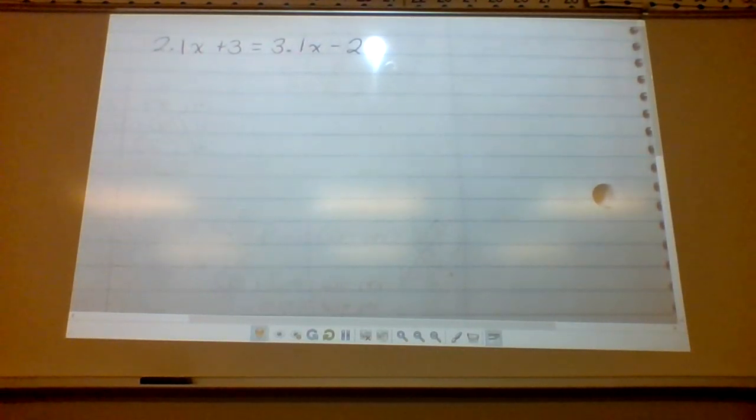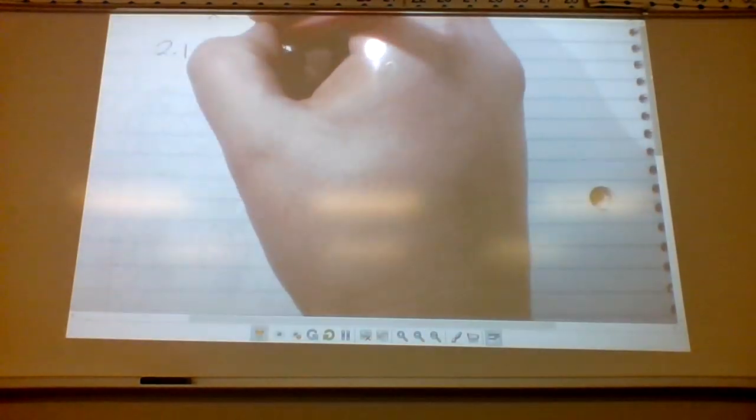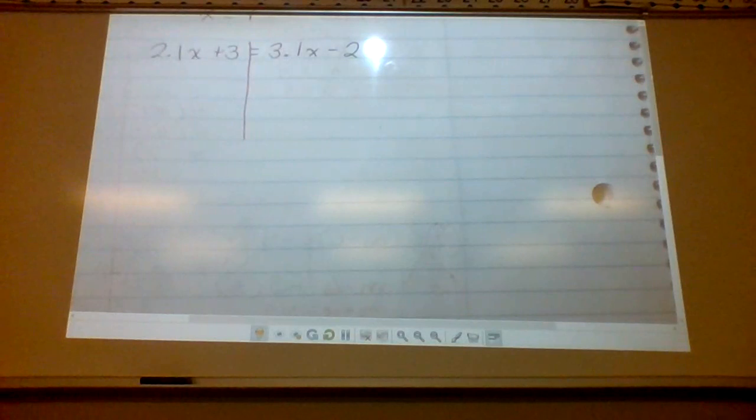So x equals 0. No, x does not equal 0. X equals negative 5. No, it does not. Negative 4. What's the first thing you do? Draw your river. No, x equals... 5. Watch.